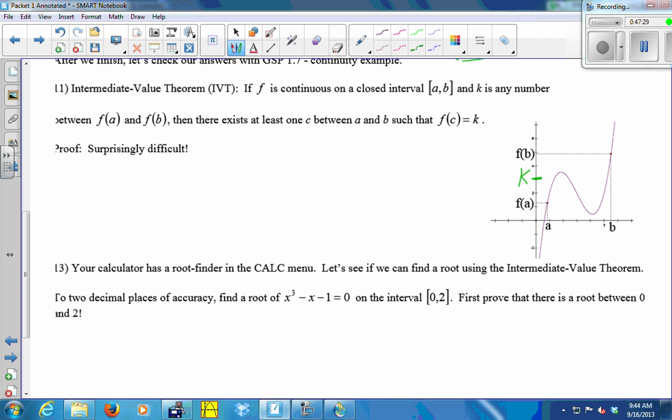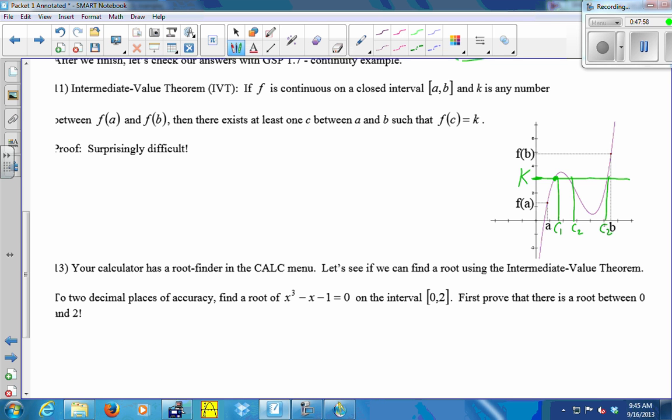And it turns out that in this case there are 3, right here. So if I draw this horizontal line, there's 1, 2, 3 values c between a and b, so that when I plug those x values into the function, I get k. Make sense?